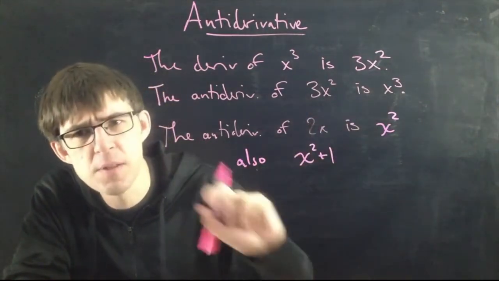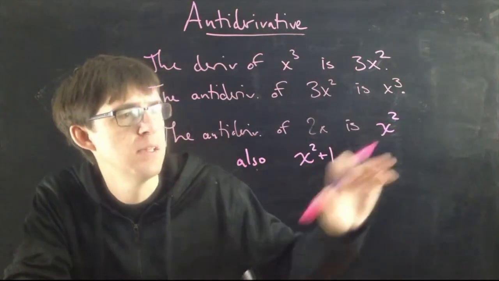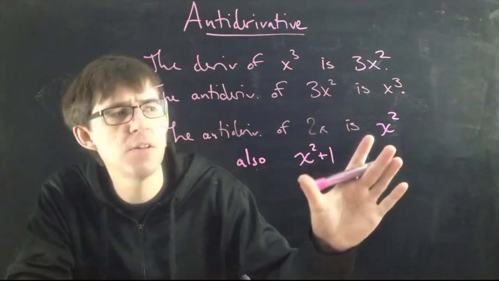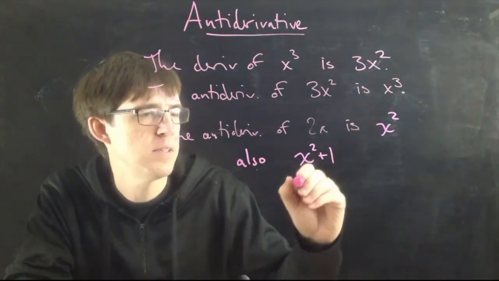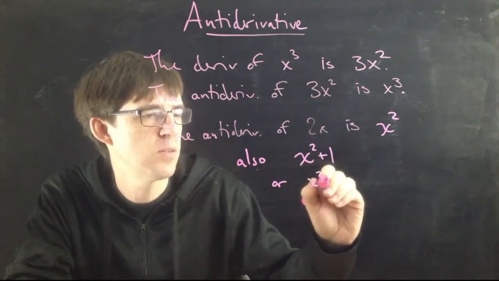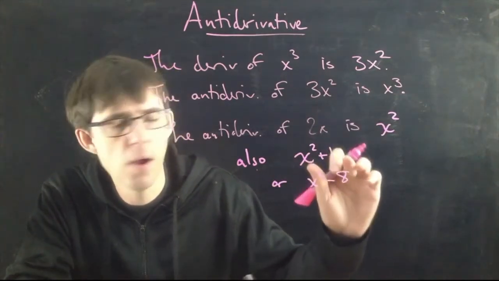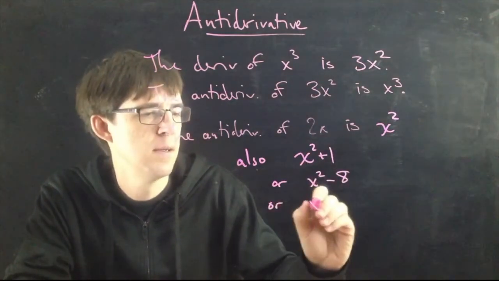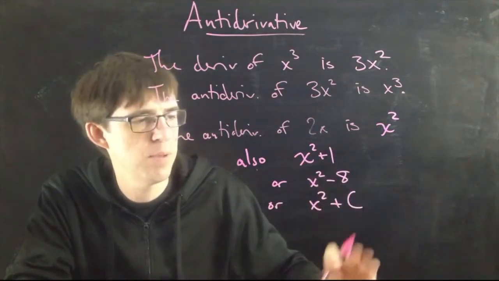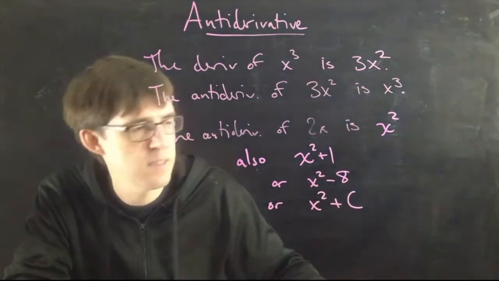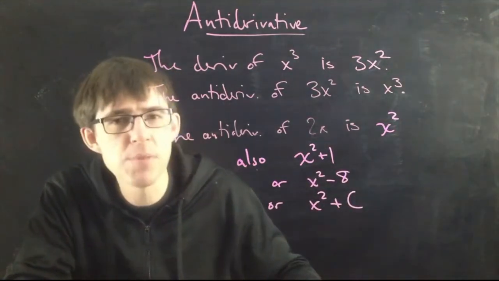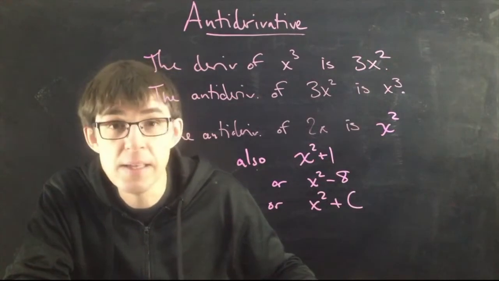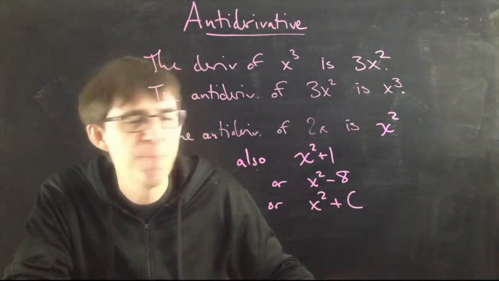Technically speaking, there's not the antiderivative. There are different ones, but they all basically look like x squared. They just could have plus something else, or it could be x squared minus 8. It could be x squared together with any constant. X squared plus c, where c is any constant, all right?